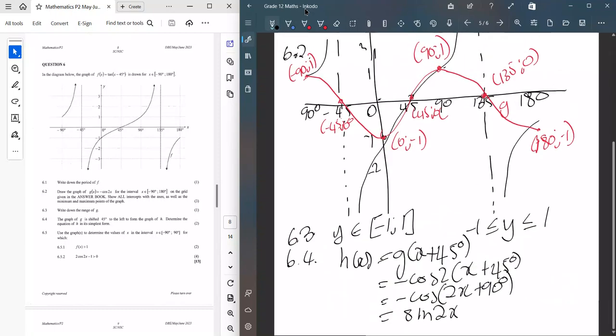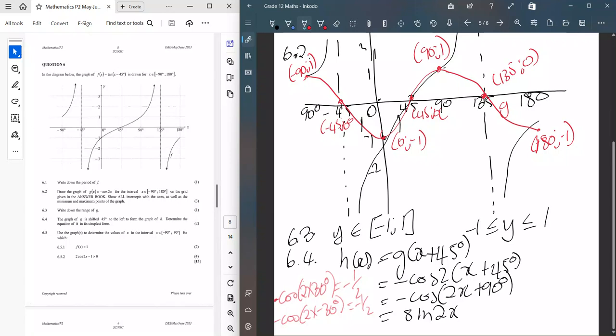If you were to substitute, for example, negative cos 2 times 30, you will get negative half. Again, if you say negative cos 2 times negative 30, you will still get negative half.